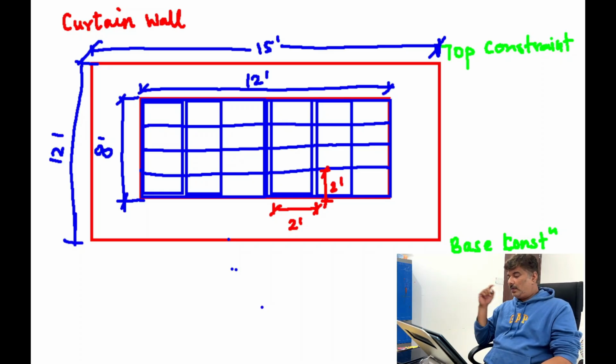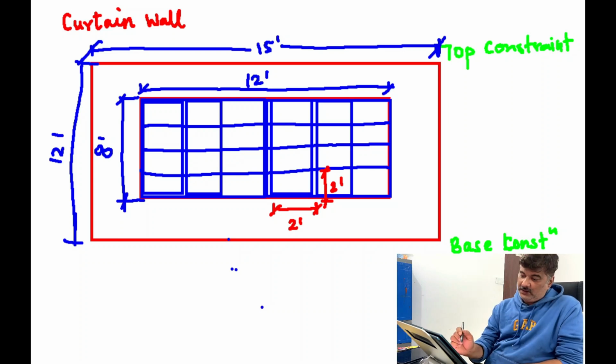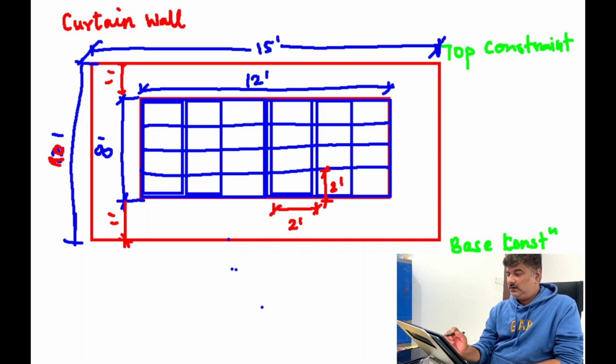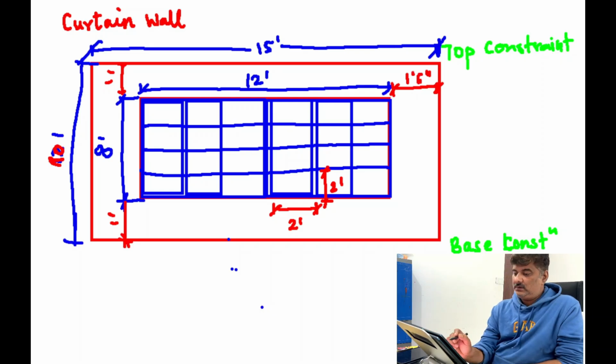So the distance from here to here is, sorry, this height is 10 feet. This is 10 feet, this is 15 feet. So here we are left with 1 feet. This is 1 feet and 1 feet, and this is 1 feet 6 inch here, and 1 feet 6 inch here.